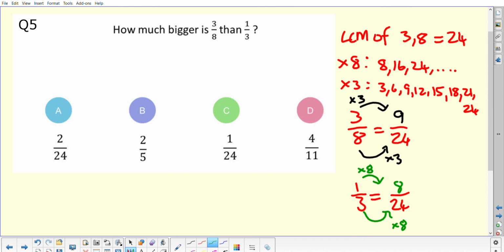So how much bigger is the 3/8 than the 1/3? Clearly you can see that the difference between these two things would be answer C, which would be 1/24. So if you check your answers, check your working, and hopefully you've understood if you've got any of them wrong, why you got them wrong, and what you can do to improve on this.